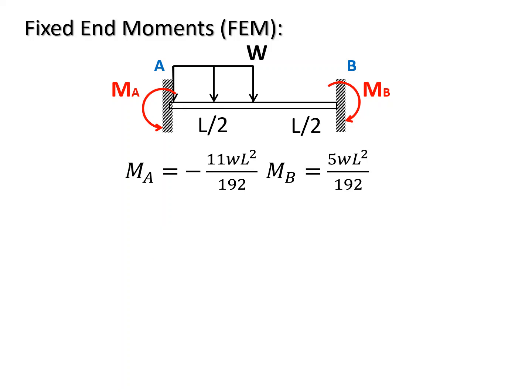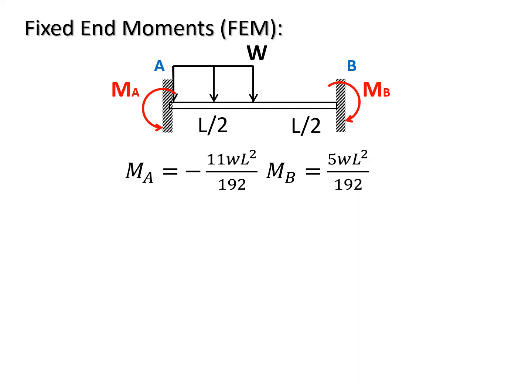Here also, the distributed load is at the midway from A. So the value of MA is now 11WL squared over 192, while on the right side, or MB, it's going to be 5WL squared over 192.